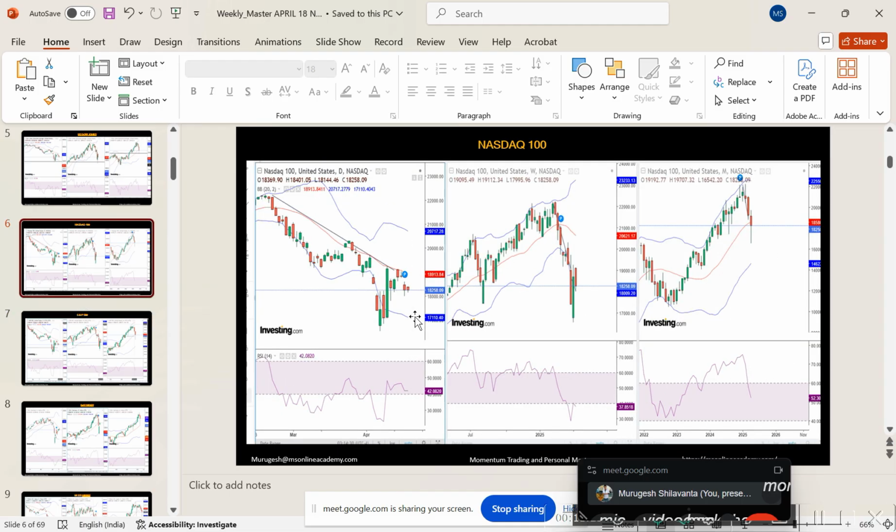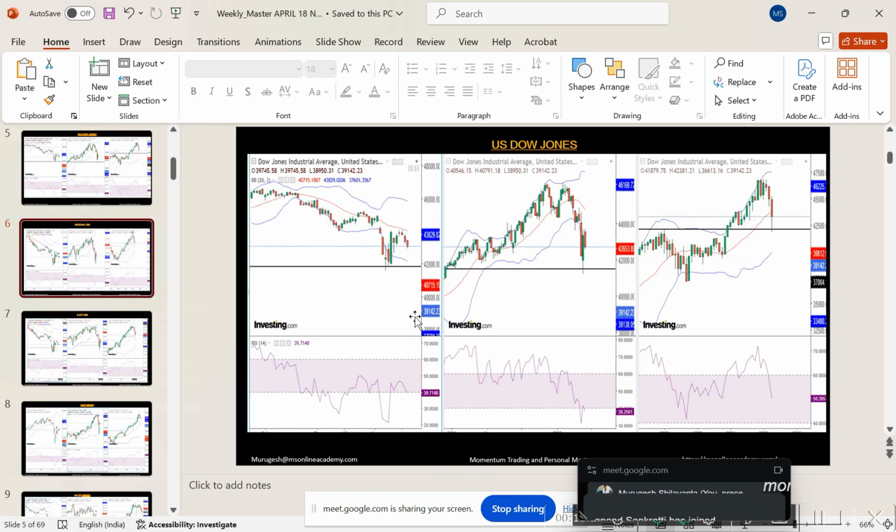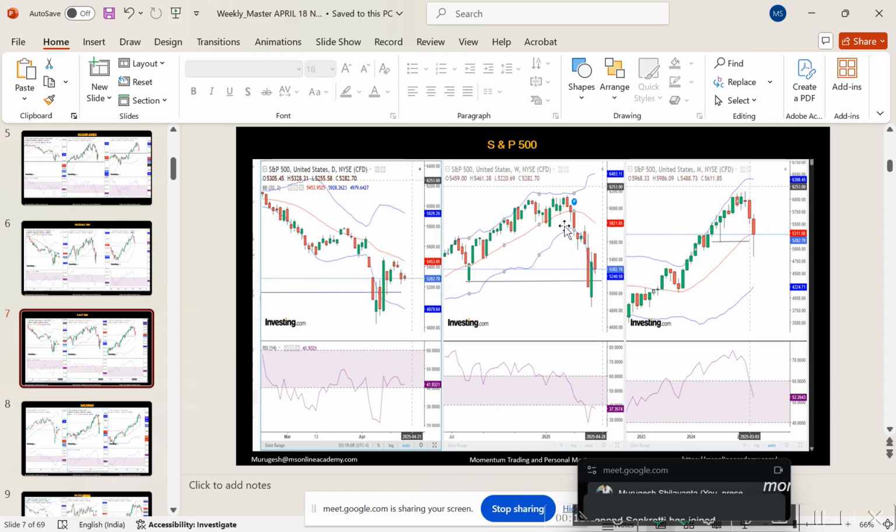This is also taking support at the middle band, making a W pattern in weekly, taking a 40 support in daily. So we can expect the US market for the next week or coming 2 to 3 weeks to be a sideways kind of market. If it takes support here, then we can see an uptrend in the coming weeks. But it all depends on the news, whatever is happening with the Trump tariff related news.